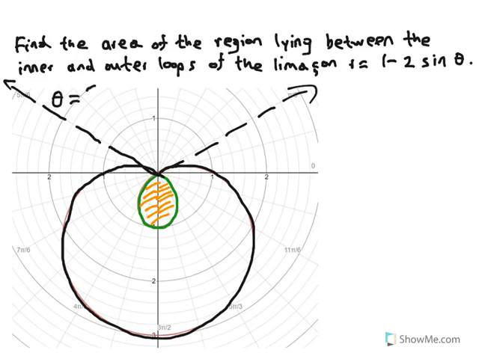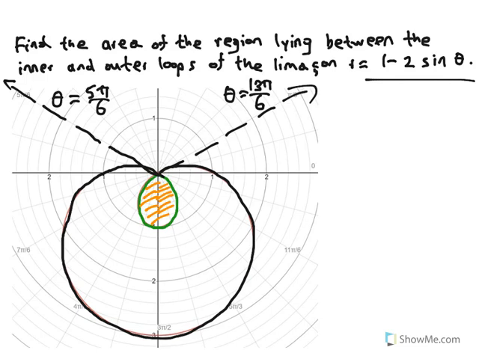And this radial line would be theta is equal to 5 pi over 6. And this radial line would be theta is equal to 13 pi over 6. And the region bounded by the polar curve and these 2 radial lines would be the region that would be bounded by the outer loop.